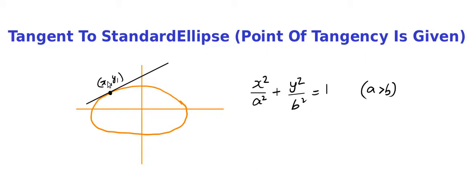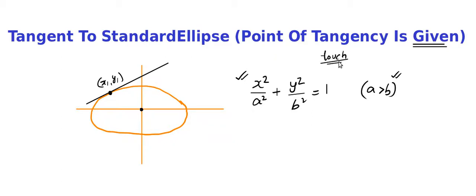So let's start. You write like this. Consider the standard ellipse x square by a square plus y square by b square equal to 1, a greater than b. And then you can draw the standard ellipse. Tell me what's special about the standard ellipse? The center will be the origin and the major axis will be along the x-axis. Now what is given in the question? The point of tangency, the point of touch.